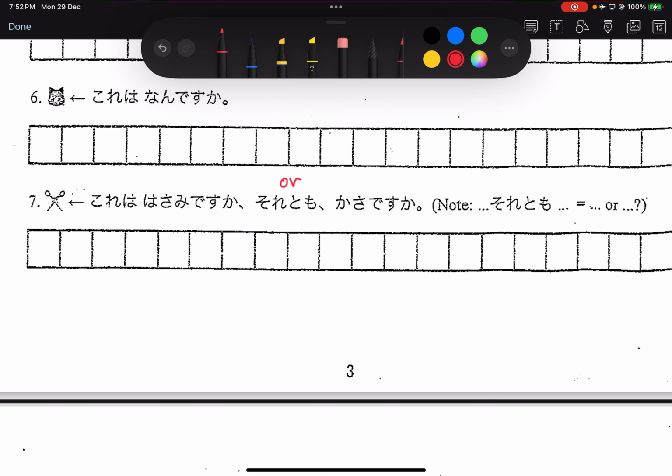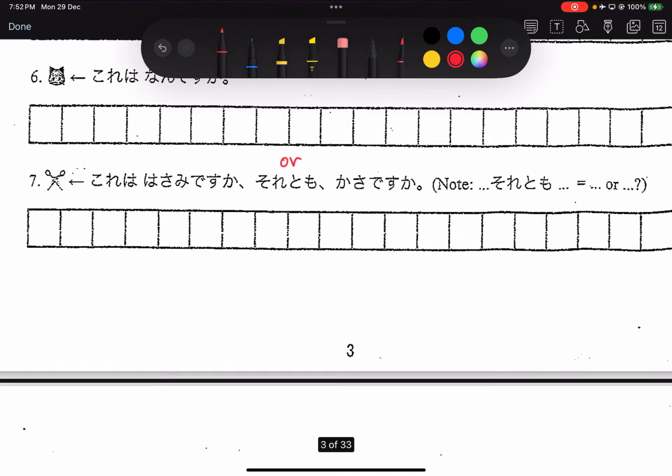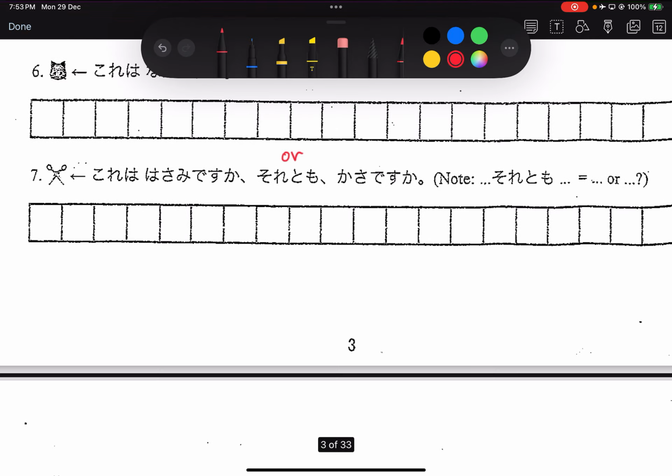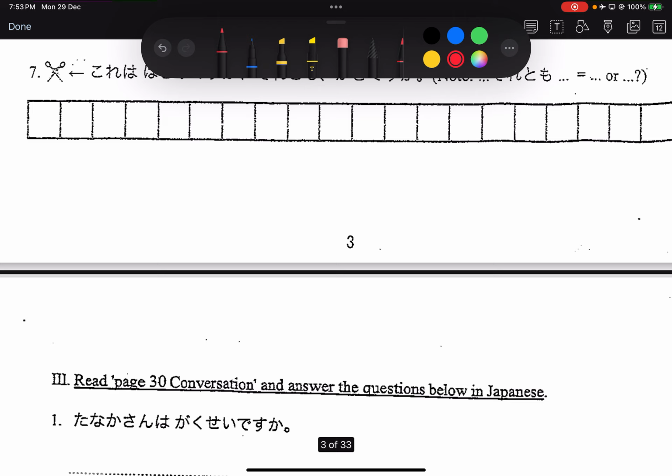Do you know what is ハサミ? We just talked about it. ハサミです。Do you know what is 傘? 傘 is umbrella. So they're asking you, is this a scissors or umbrella? Then you just say, yes, it is a scissors.